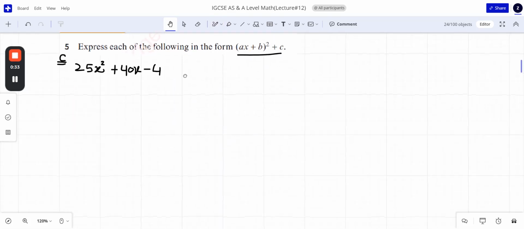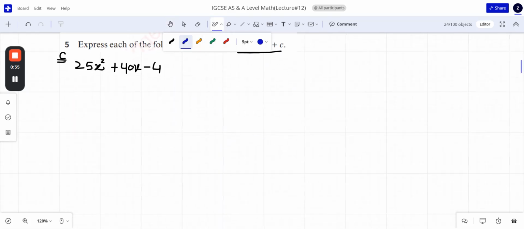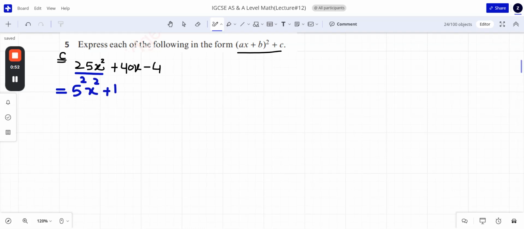Now, first of all, we need to make the first term a perfect square. As we can say, 25 is the square of 5. So we can replace this value with 5 square, and x square we will keep the same, plus 40x minus 4.